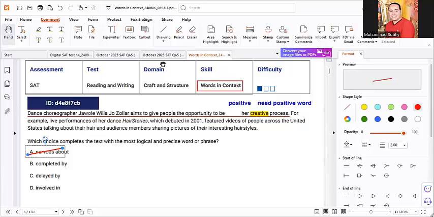Even delayed, it's not positive. So we have both, completed by and involved. So we are confused between only two. So you have to narrow your choices. Try to do elimination.